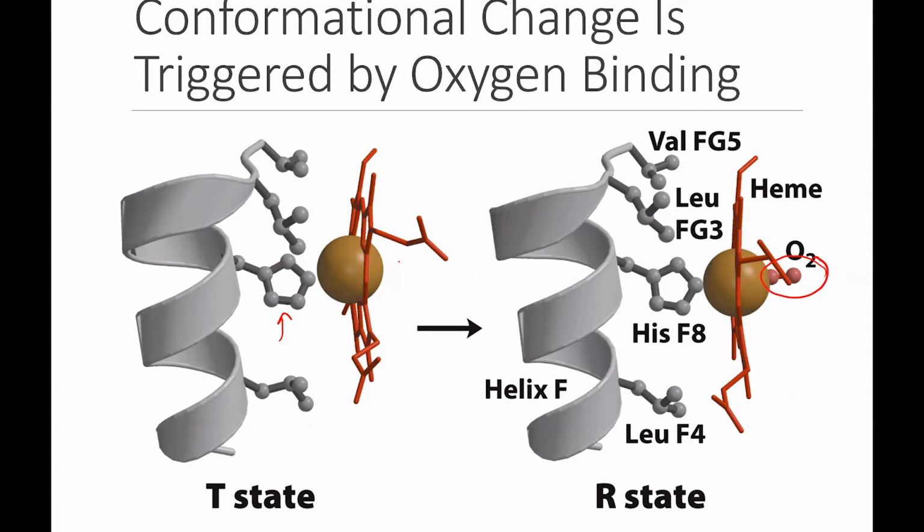Here's the heme bound to an oxygen molecule versus not bound to an oxygen molecule. And you can see actual shifts in the relation of where the heme is to where the other amino acids are. So this slight conformational change of the movement of these surrounding amino acids actually shifts the other subunits within the molecule.